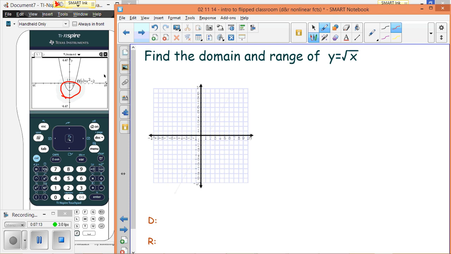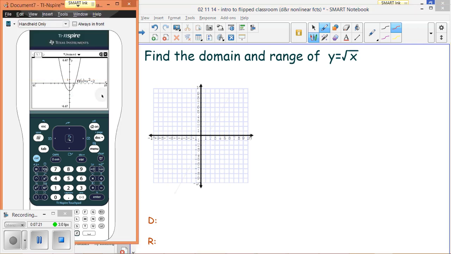Find the domain and range of y equals the square root of x. I'm going to do the exact same thing. I'm going to go over here to my calculator. I am going to close this. I'm going to start a new one, and I'm going to call it the square root of x. Control.